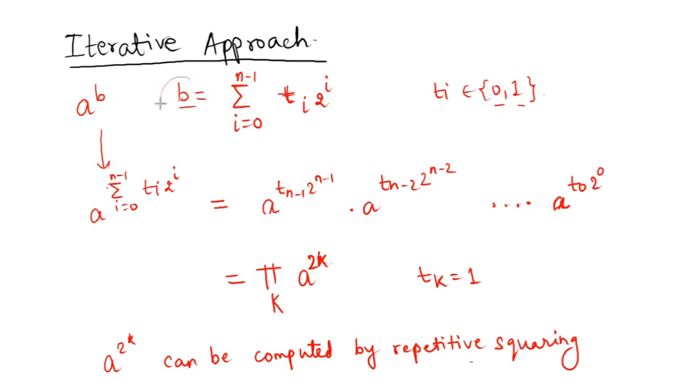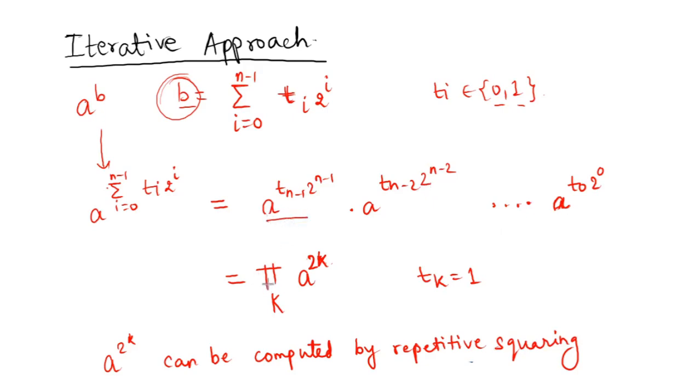Plugging this into a raised to the power b, we get a raised to t_(n-1) times 2^(n-1), multiplied by a raised to t_(n-2) times 2^(n-2), and so on till t_0 times 2^0.